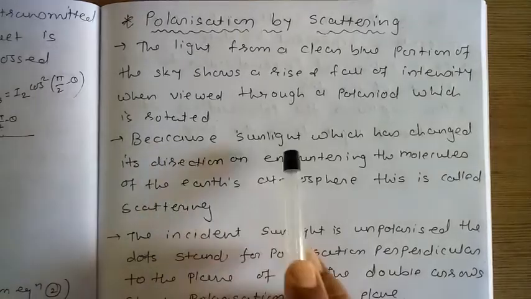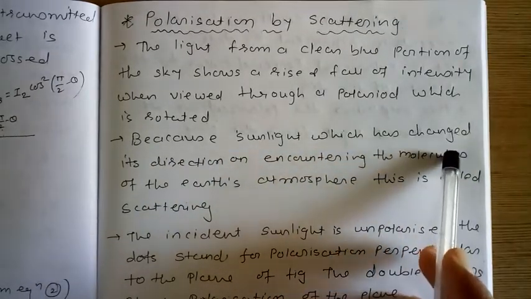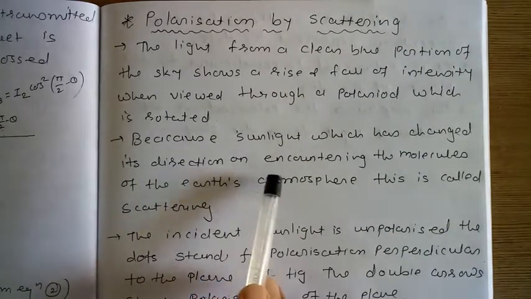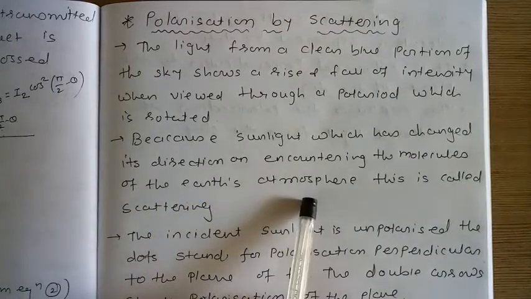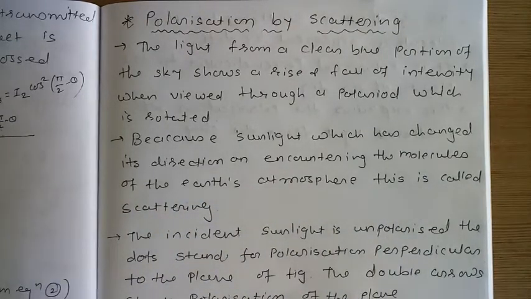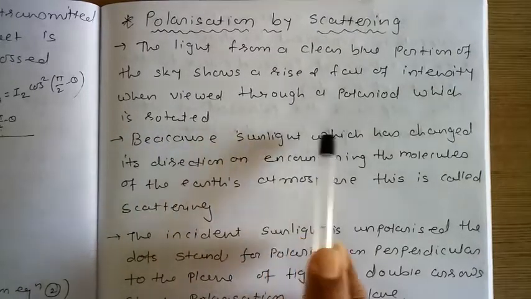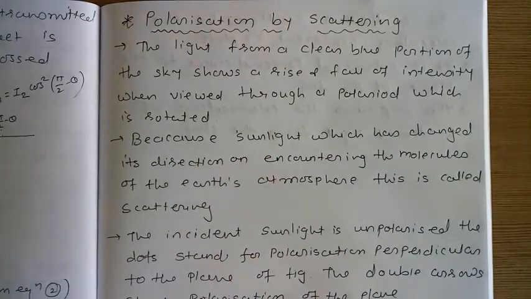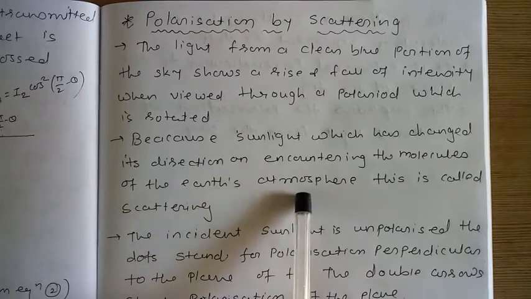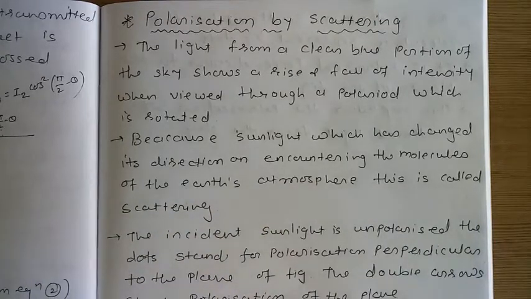Now, sunlight which has changed its direction on encountering the molecules of Earth's atmosphere is called scattering. We already discussed scattering, right? We know that sunlight is unpolarized light, because sunlight is in all directions.